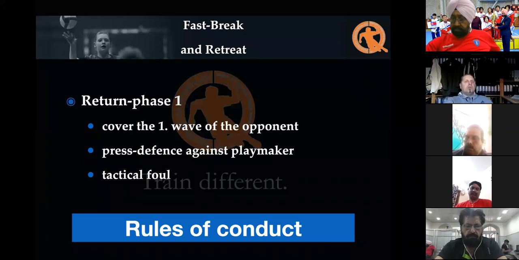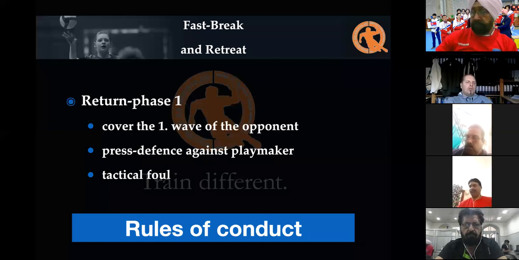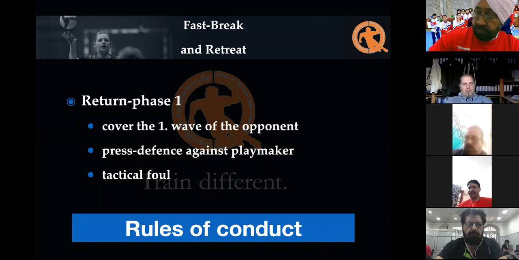Because if you want to stop them and neutralize them when they are in high speed, this is almost impossible without receiving progressive punishment. But in that moment, a tactical foul can be made to stop the fast break in the moment it starts. So, like we say, cut the grass before it grows. This is the reason for this tactical foul in that moment.